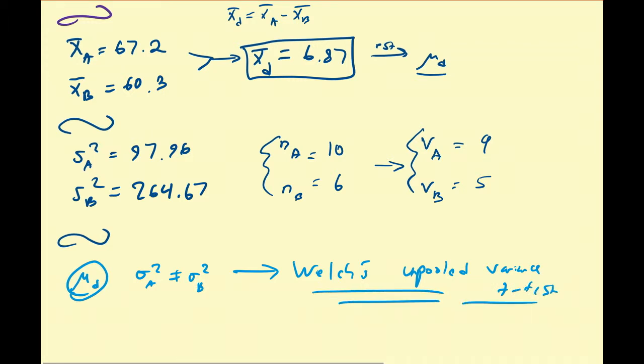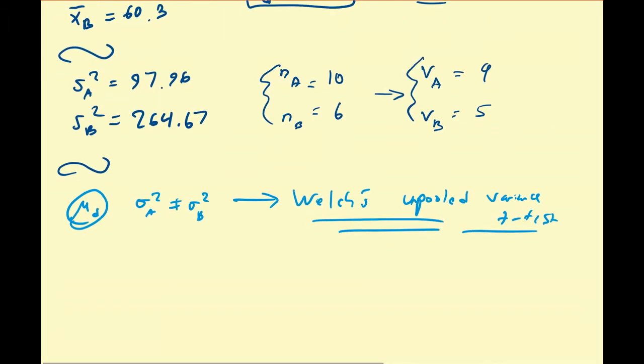Remember that if the variances are equal, we can pool the variances together. If the samples are dependent, we can use a paired difference t-test. But neither of those are true. Since these samples are independent and the variances of the populations are unequal, we use an unpooled variance t-test. So the Welch's unpooled t-test is very straightforward.